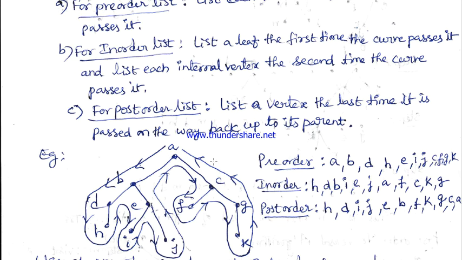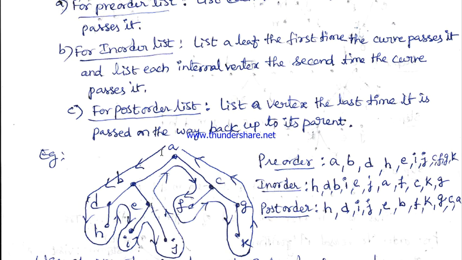As shown here, the in-order list of vertices is H, D, B, I, E, J, A, F, C, K, G. The first leaf is H; starting at the vertex A, it should not be placed directly in the list.